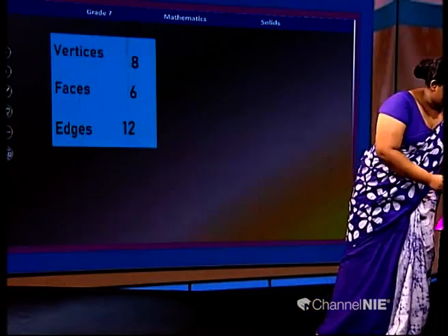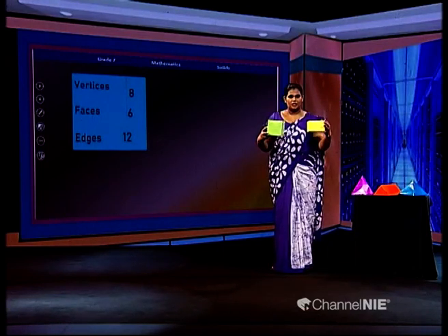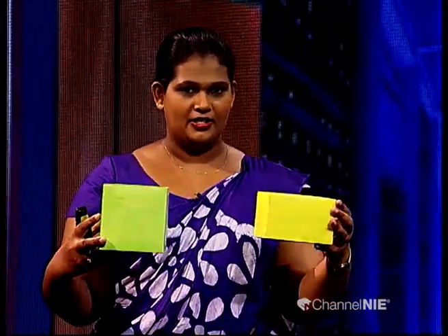Here I have got cube and cuboid, two solids which have the same features, but the only difference is the shape of the face. And in the question they say it has 6 identical faces.